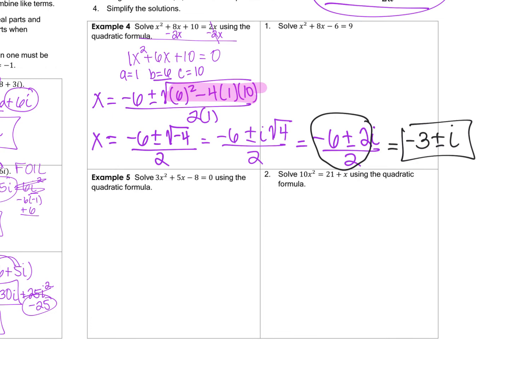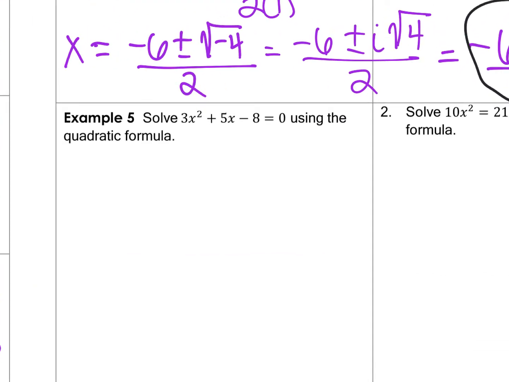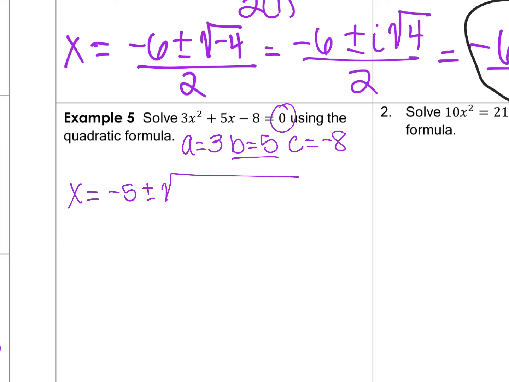Okay, so we're going to look at example 5. The first step is to set it equal to 0. Notice it's already there. So I'm going to plug in: a is the number in front of x squared, b is the number in front of x, c is your constant. Plugging into the formula, it's negative b, so that's negative 5, plus or minus the square root of b squared minus 4 times a times c, all over 2 times a.